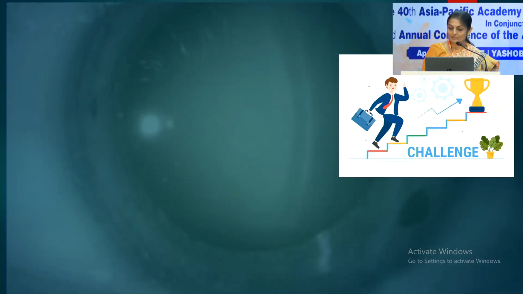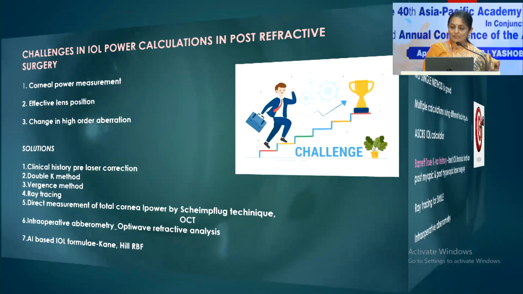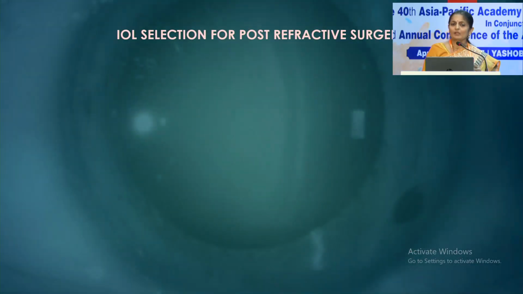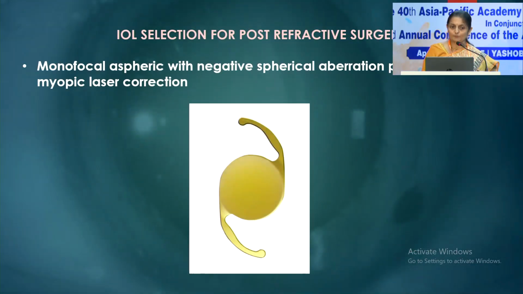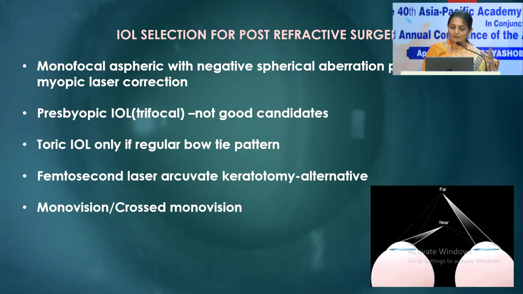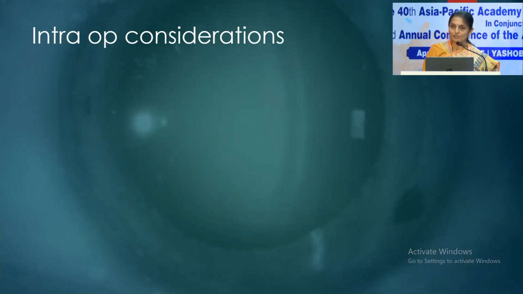Yes, the challenge is again in biometry calculation. There are so many solutions offered, and the best IOL formula will be to go for Barrett's True-K no history or to use the ASCRS IOL calculator. And again, IOL selection can be monofocal IOL, or if we expect any kind of refractive surprise, then go for light adjustable or small aperture IOLs.